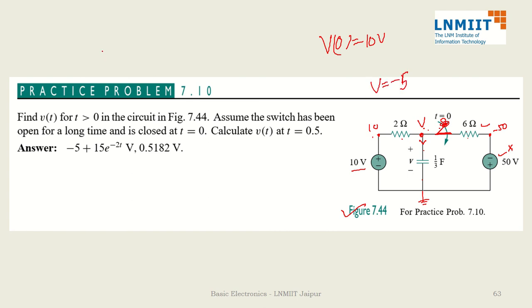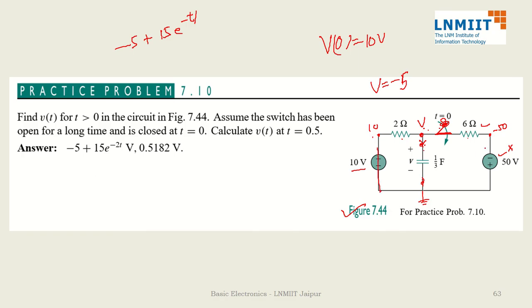So final value plus initial minus final, 10 minus minus 5, 15, e raised to power minus t by tau. What is tau now? You have to calculate the equivalent resistance across the capacitor by making all the independent sources 0.